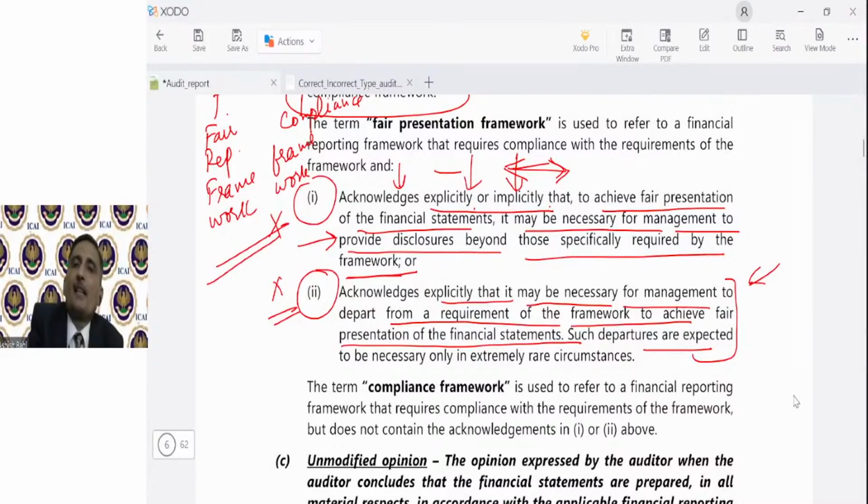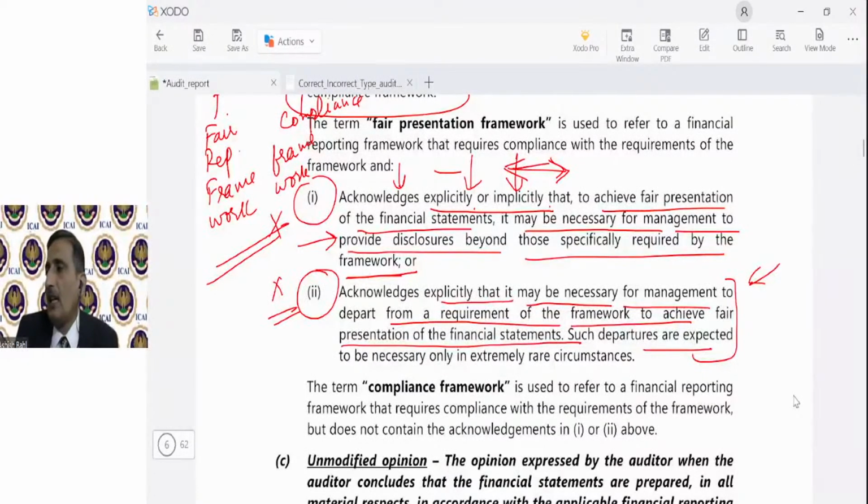But in a fair representation framework, the management of that organization can go beyond the applicable financial reporting framework. It can go beyond the disclosures required in the framework to reflect the true and fair state of affairs of the entity. Okay.